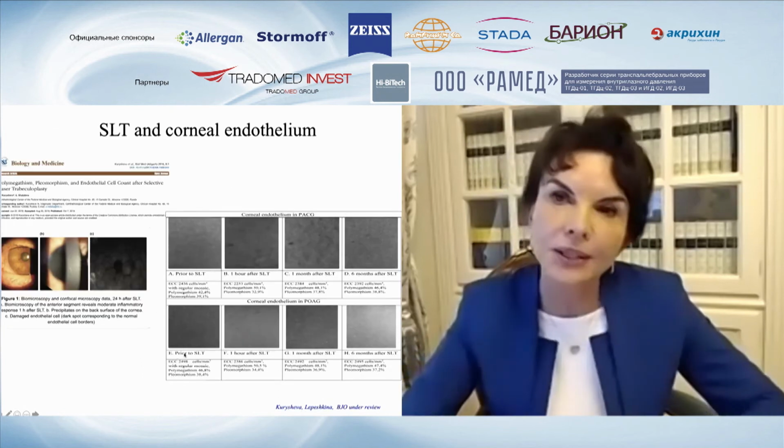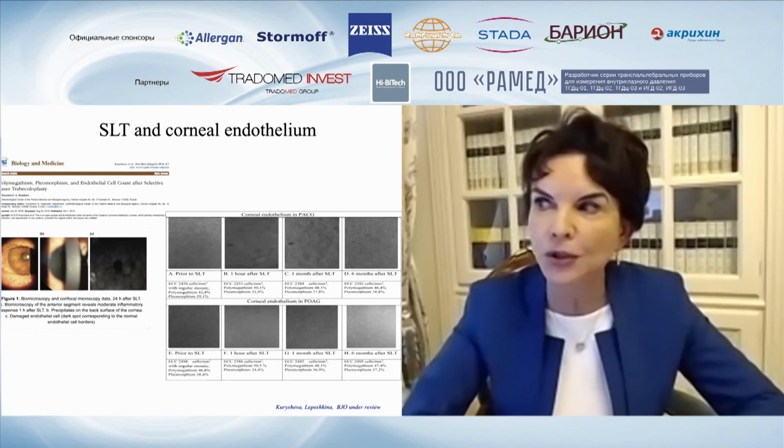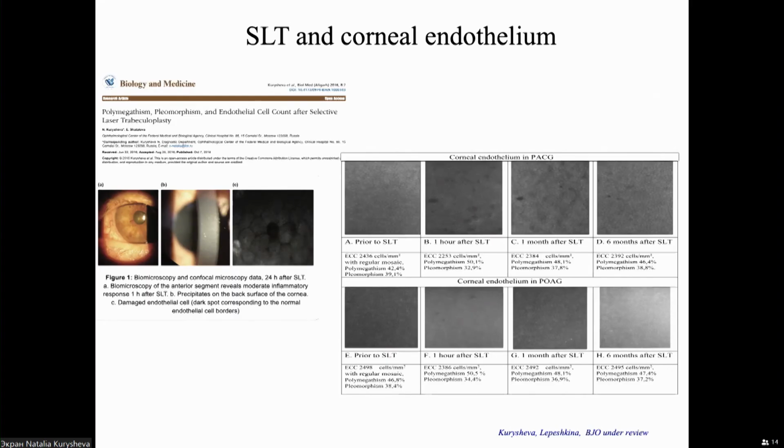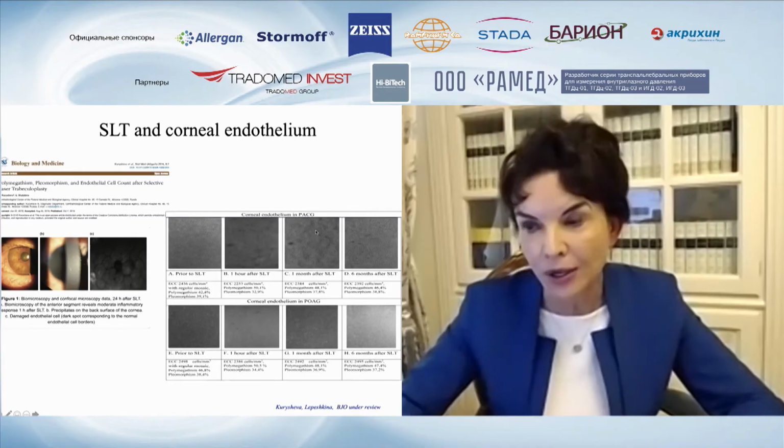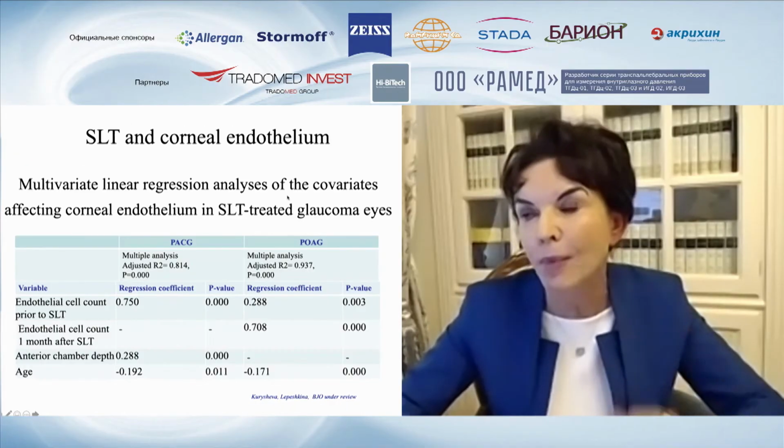SLT may cause damage to the corneal endothelium. Of course, this complication is very rare, but according to our data, while the corneal endothelium may be restored totally by the end of the first month after SLT, the damage may still persist in primary angle closure glaucoma even 6 months after SLT, and we should keep in mind this data, of course.